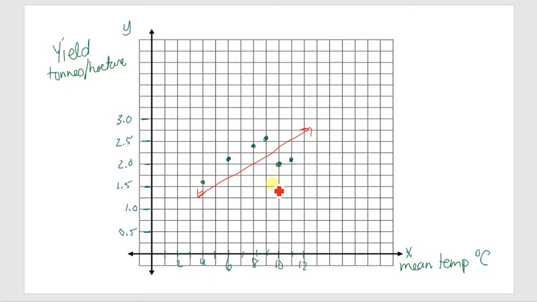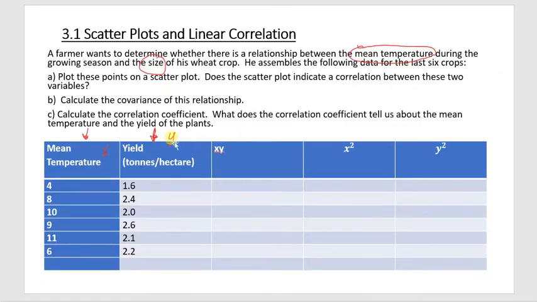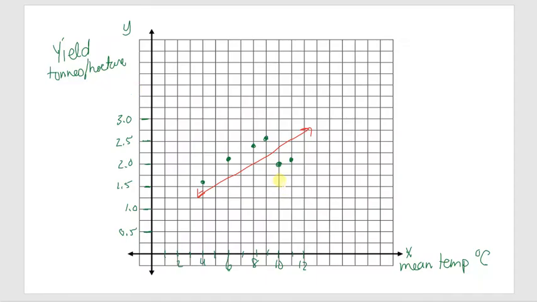Our first question is, does the scatter plot indicate a correlation between these two variables? I would say so. I would say it would be a moderate to strong positive correlation.